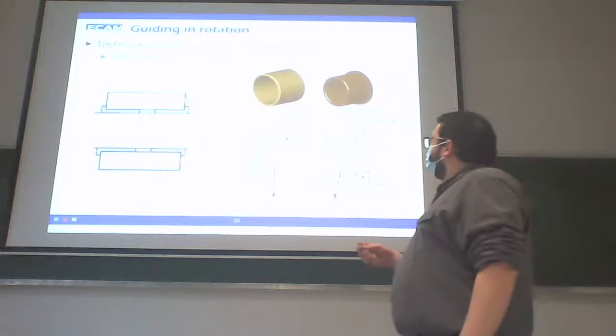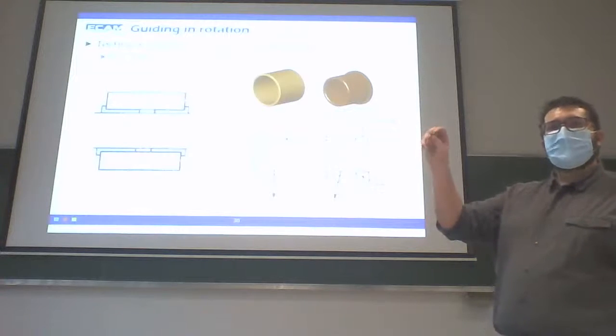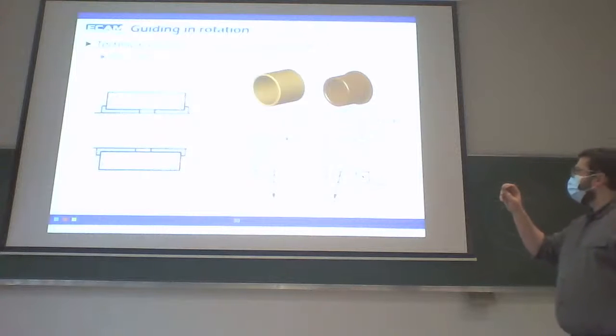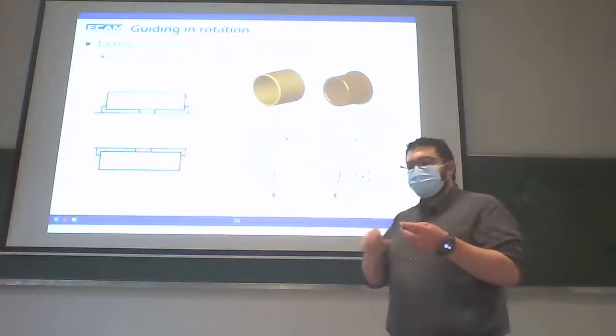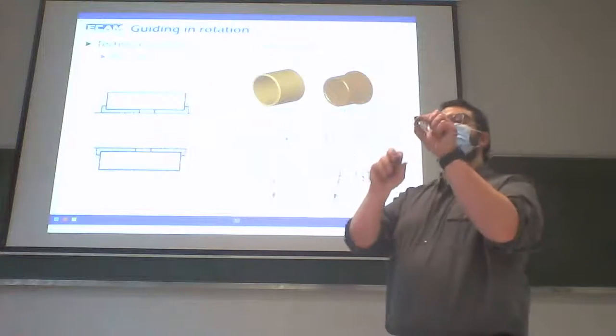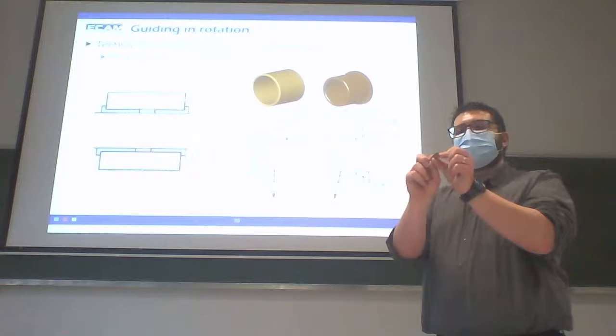So we can have a solid sleeve bushing. We call that part also a bush. So we have a bushing that permits the rotation of the part. Or the second one is a flange bush. So we have like a small shoulder on the bush.